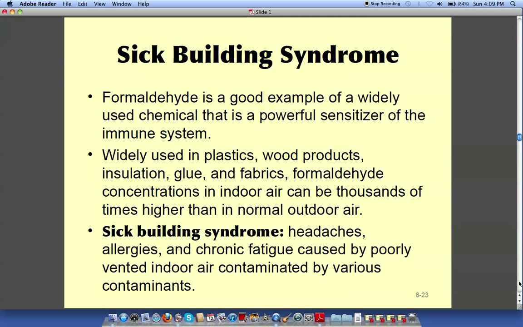Other types of illnesses can be caused by breathing in mold and mildew. These fungal spores get in your lungs and cause terrible, terrible problems with the person's breathing, and just all sorts of other health concerns for people.